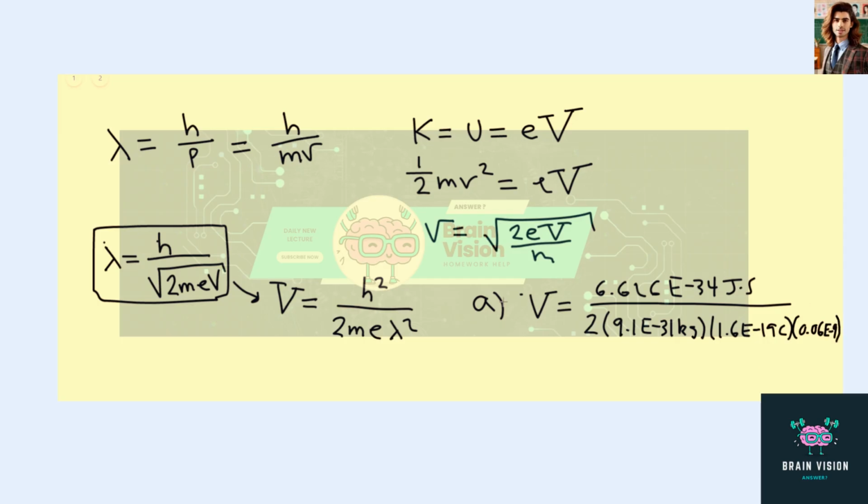Almost running out of space. So plugging this all in and computing, we would have a V equal to 418 volts for part A.